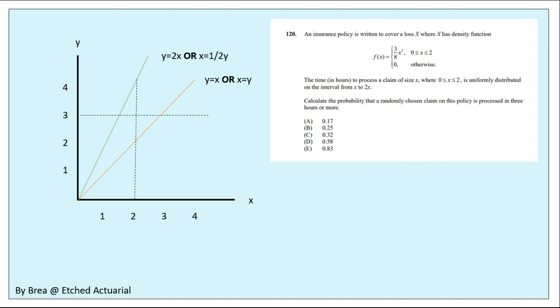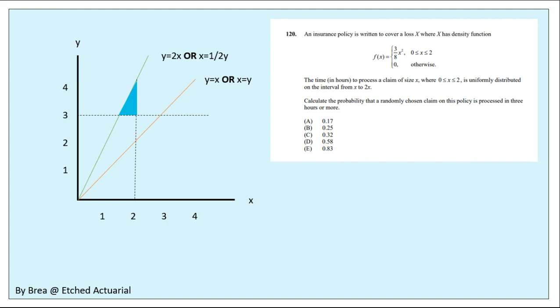So right now we have all of our boundaries graphed on this graph, and it's always really important to graph things like this because it can get confusing, and it's really easy to do a problem once you have a graph in front of you. So using all these boundaries, I've determined that we actually want to look for the probability of being in this blue triangle because it's meeting all our different requirements.